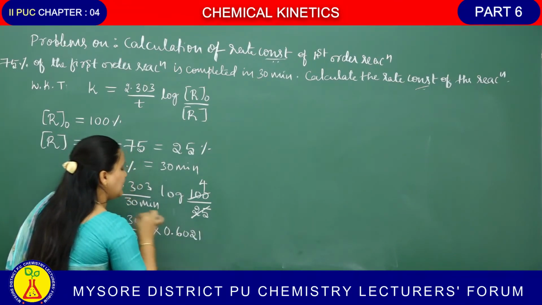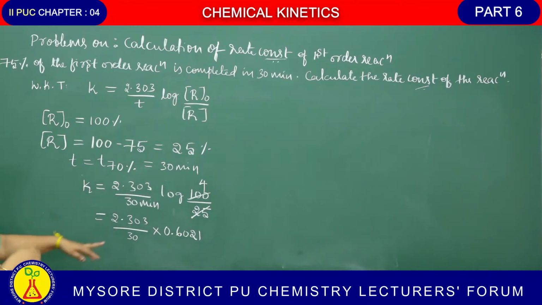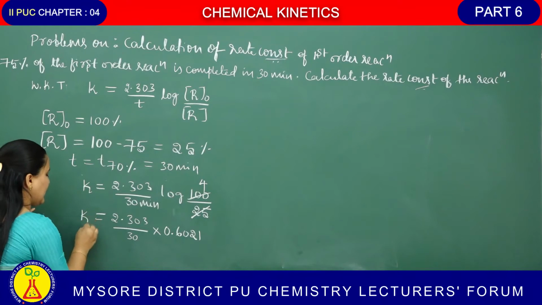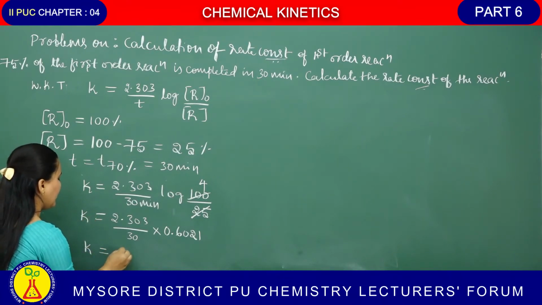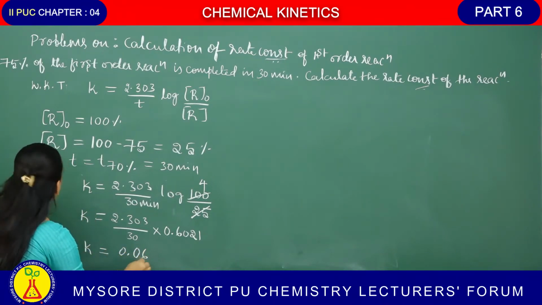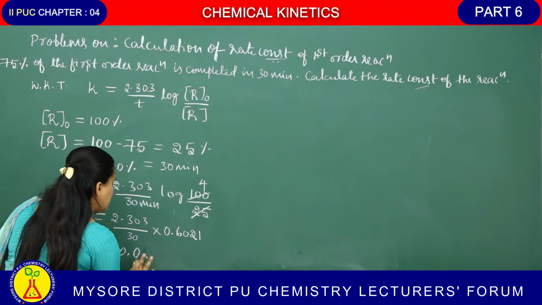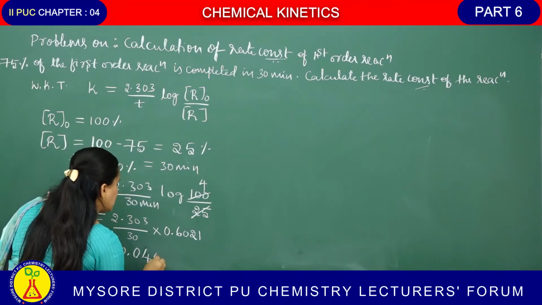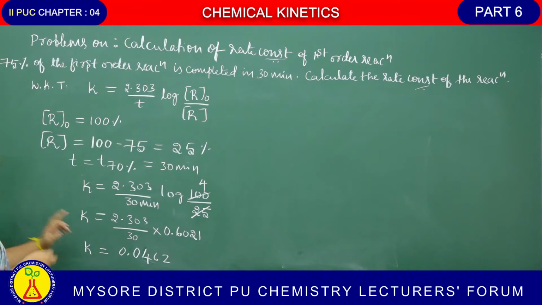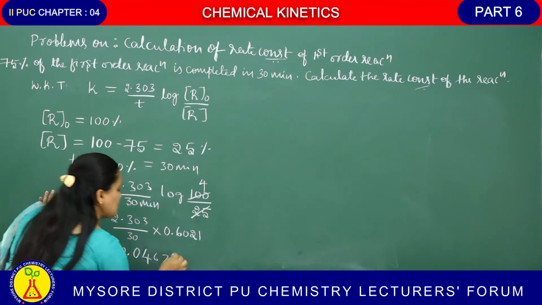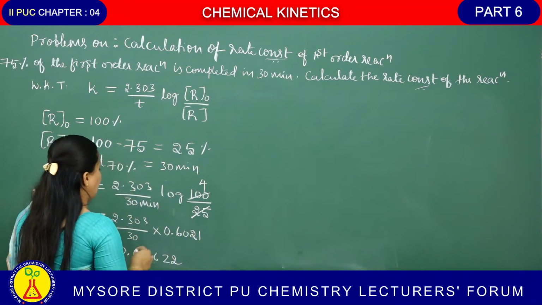Log 4 value is 0.6021. Calculate. The overall answer is 0.0462. This is the final answer.